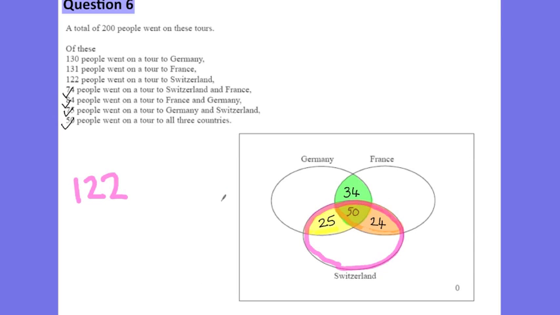We have 50, 25, and 24. Adding these up, we have 99 people. 122 altogether. Therefore, in this space here, we are missing 23. These are the people that only went to Switzerland.